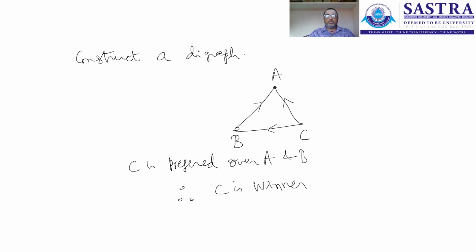Vertex B has one incoming edge and one outgoing edge, and C has two outgoing edges.